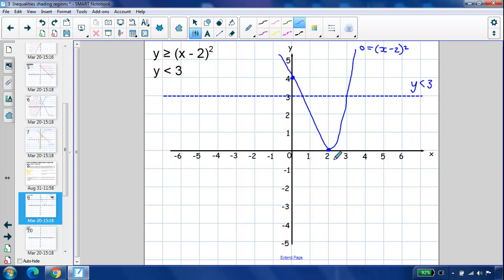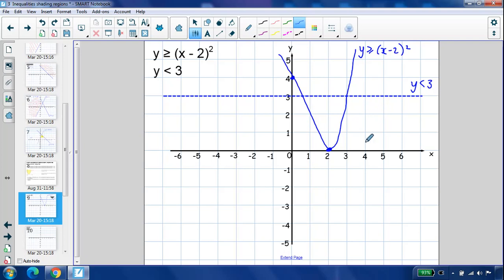That's probably as good as I'm going to get on the notebook, I'm afraid. You may be able to get a much neater sketch than that. Just going to label that as y is greater than or equal to x minus 2 squared.